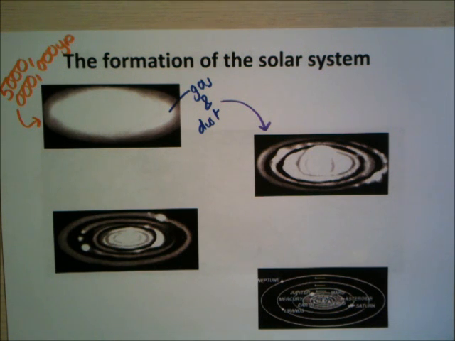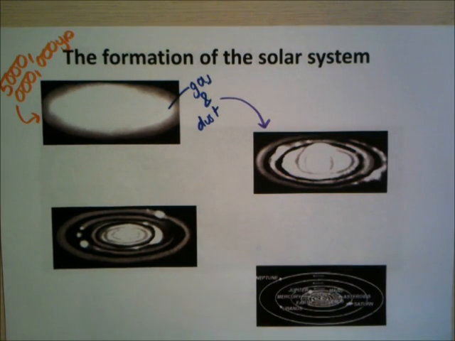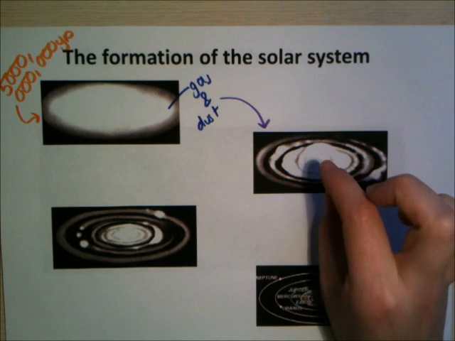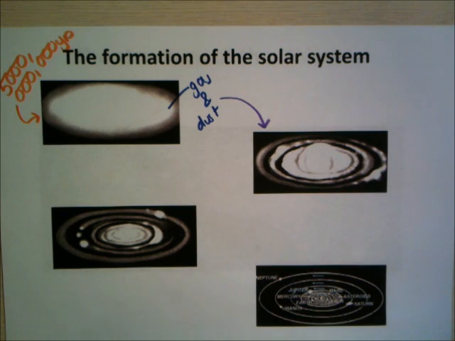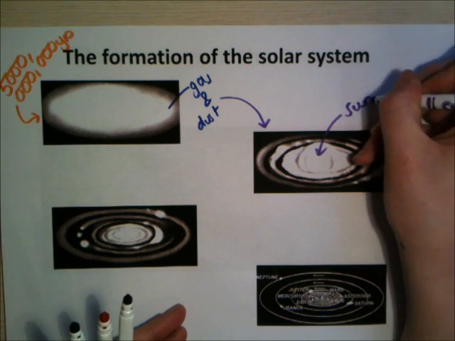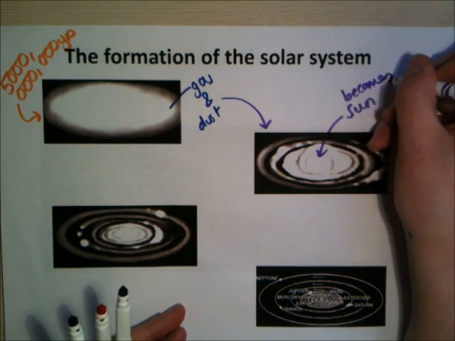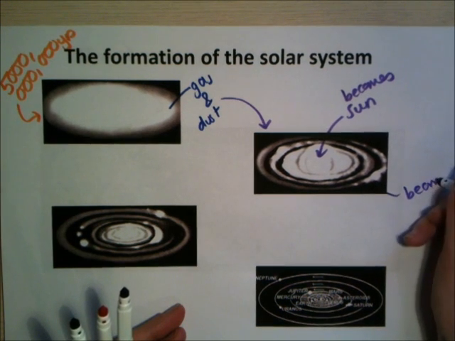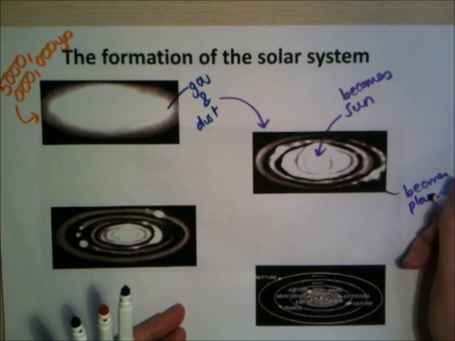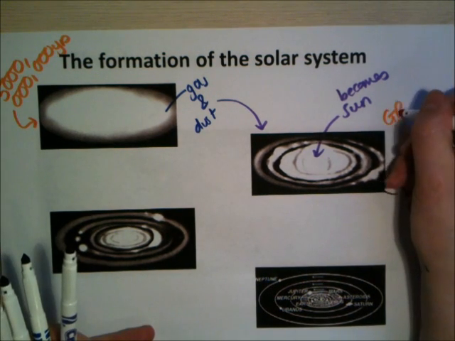And this spinning makes it into a nice flat plane. So these spirals you can see here are really thin, and we've got a really central big spherical bulge in the centre. Now this is going to become the Sun, and these will become the planets. And this is all due to gravity, okay?